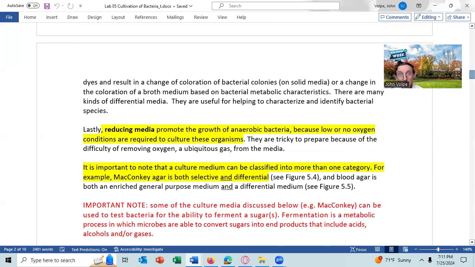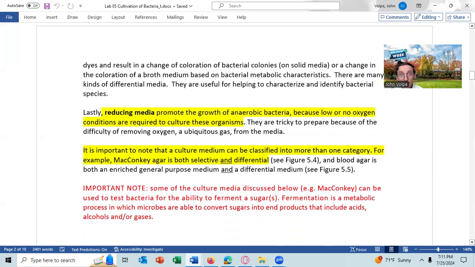Lastly, there's reducing media, and these media promote the growth of anaerobic bacteria because these cells require either low or no oxygen conditions in order to grow.